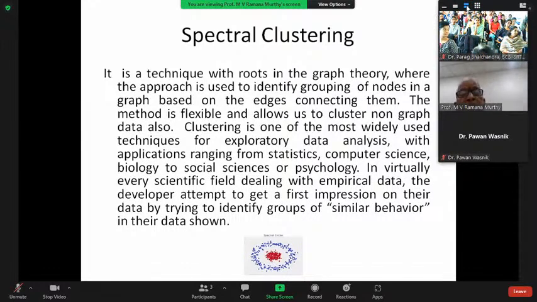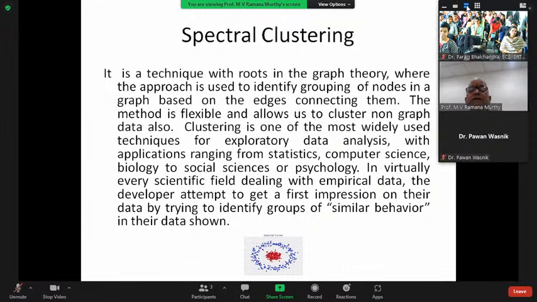It is a technique with roots in graph theory, where the approach is used for identifying and grouping the nodes in a graph based on the edges connecting them. The method is flexible and allows us to cluster non-graph data also.